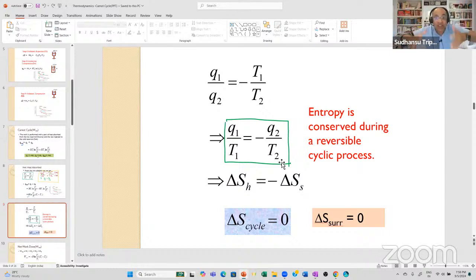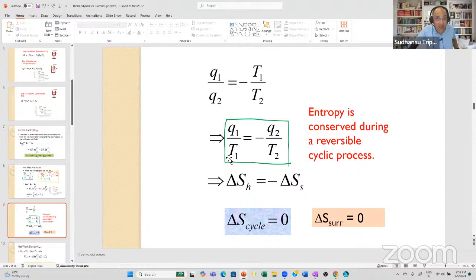Here actually the concept of entropy first came to the mind of Carnot in this particular step, that Q1 by T1 is remaining constant.